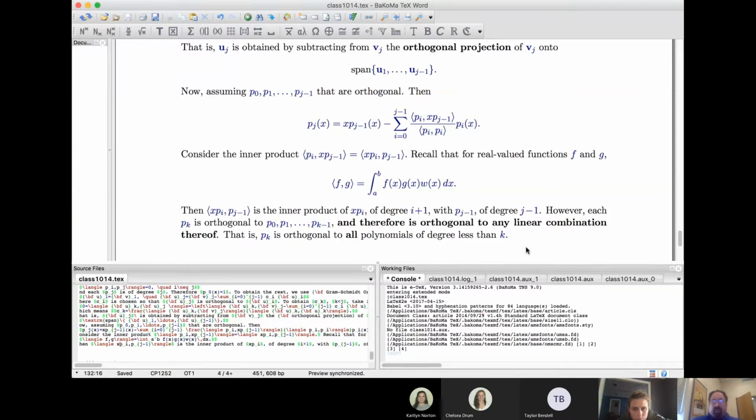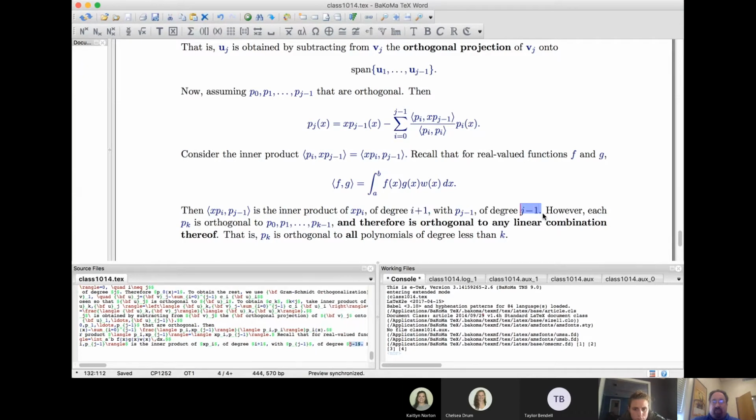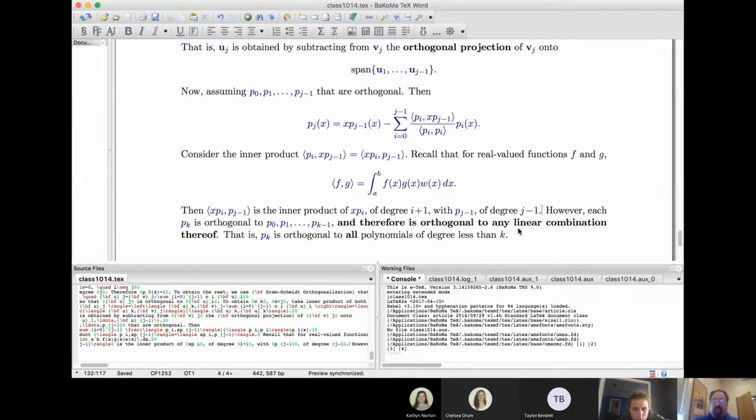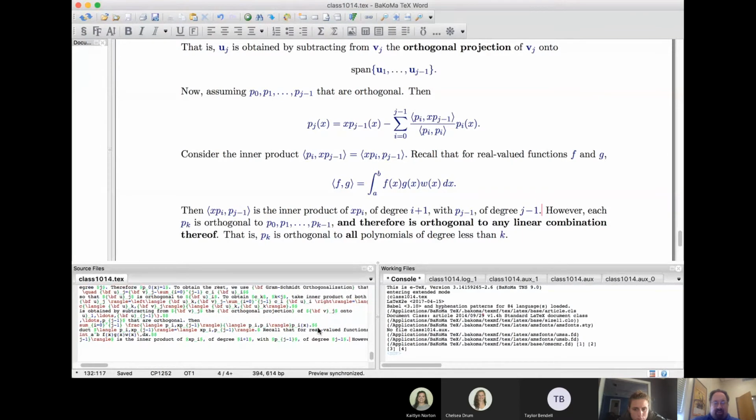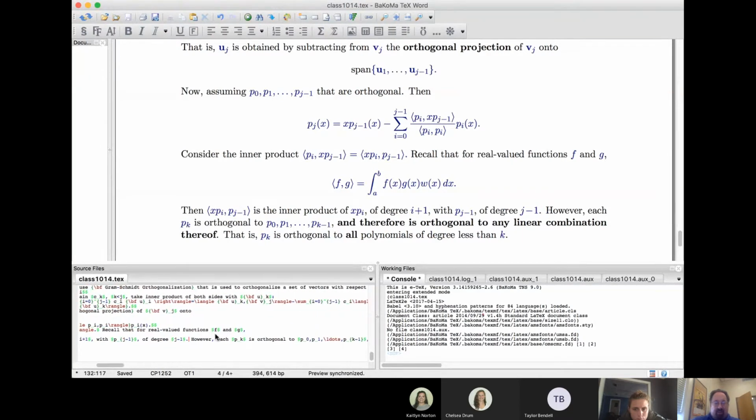What has to happen is, because PG minus 1 is orthogonal to all polynomials of less degree than itself, therefore this degree has to be less than this, which might have been what you were getting at, but the statement that you made was quite close.